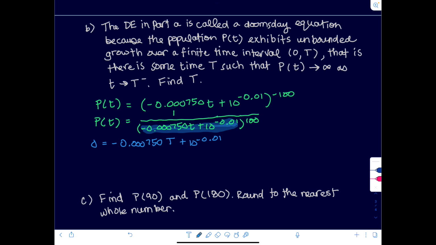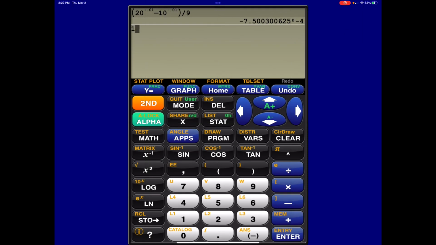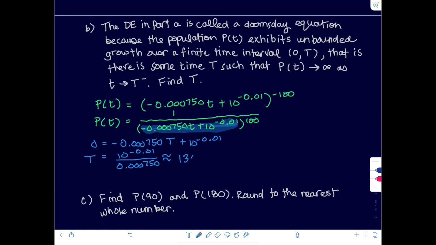So now, isolating t, we would get 10 to the negative 0.01 over positive 0.000750, which is approximately, and that is in months.